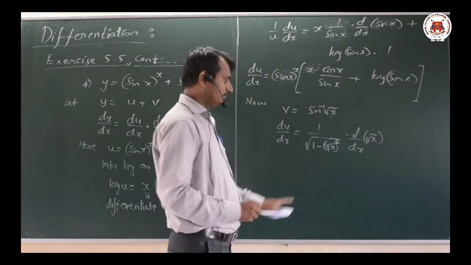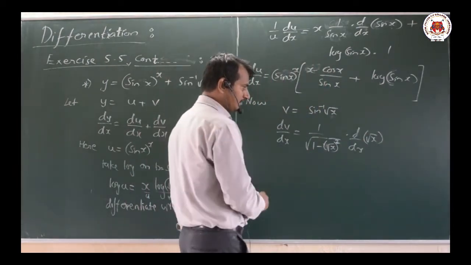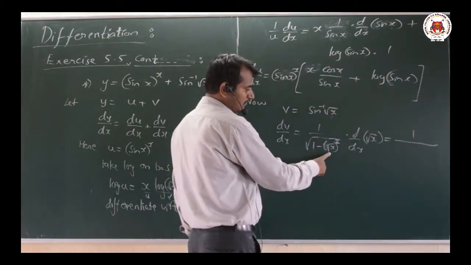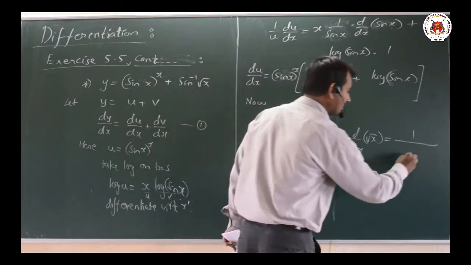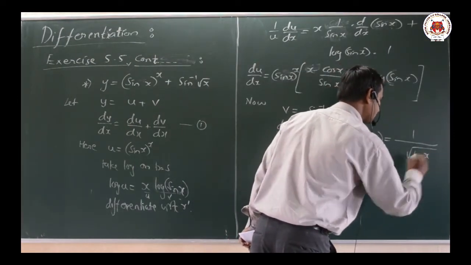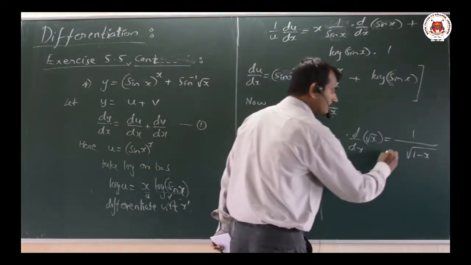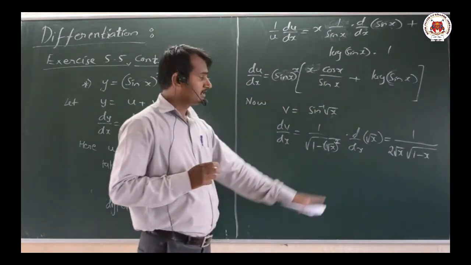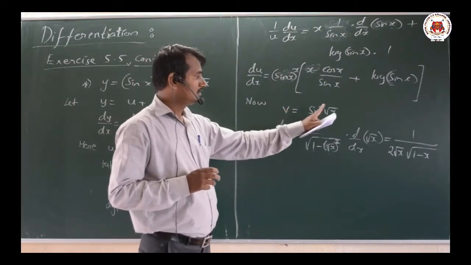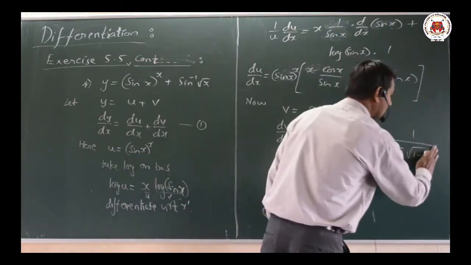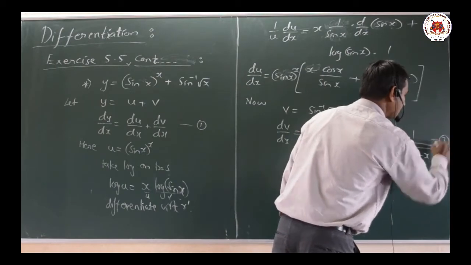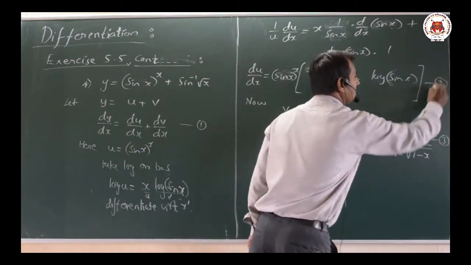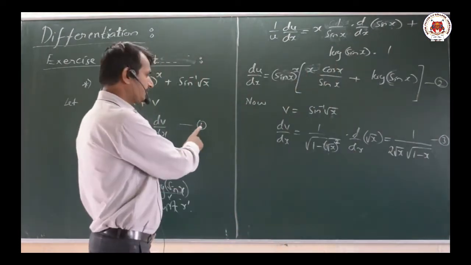Now I shall substitute it. So what we get here is 1 divided by root of 1 minus root x whole square, which will be 1 minus x, into the differentiation of root x, which is 1 divided by 2 into root x. That is dv by dx. You can take it as equation number 3, and du by dx as equation number 2, and its value is equation number 1.